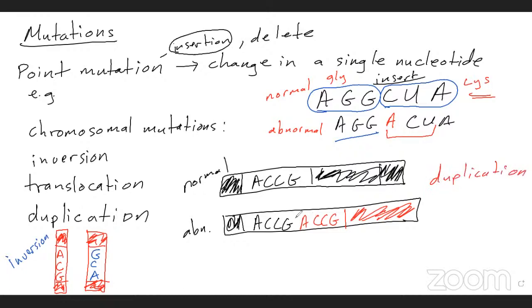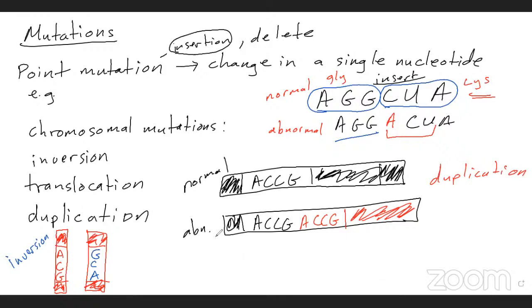With duplication, you're just duplicating a specific portion. Inversion, you're flipping it. Deletion, remove something. Insertion, you add something. Translocation, we're going to remove it and put it somewhere else.